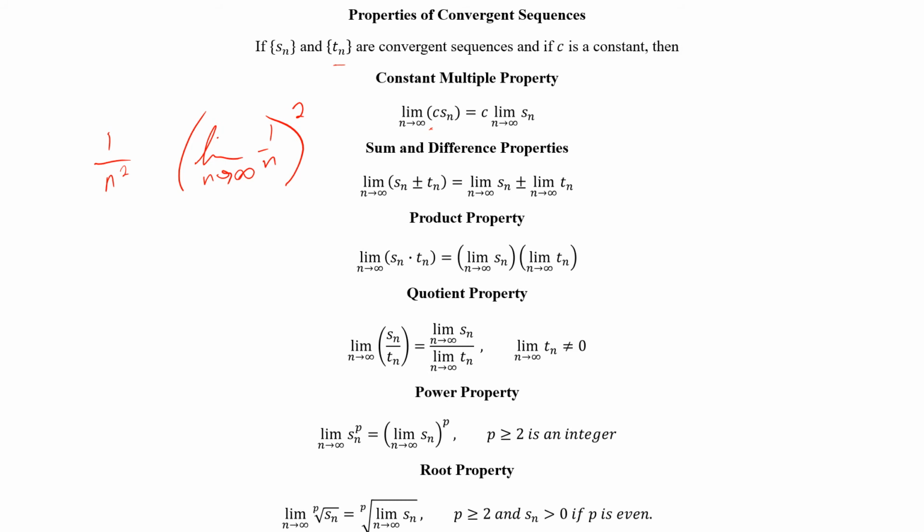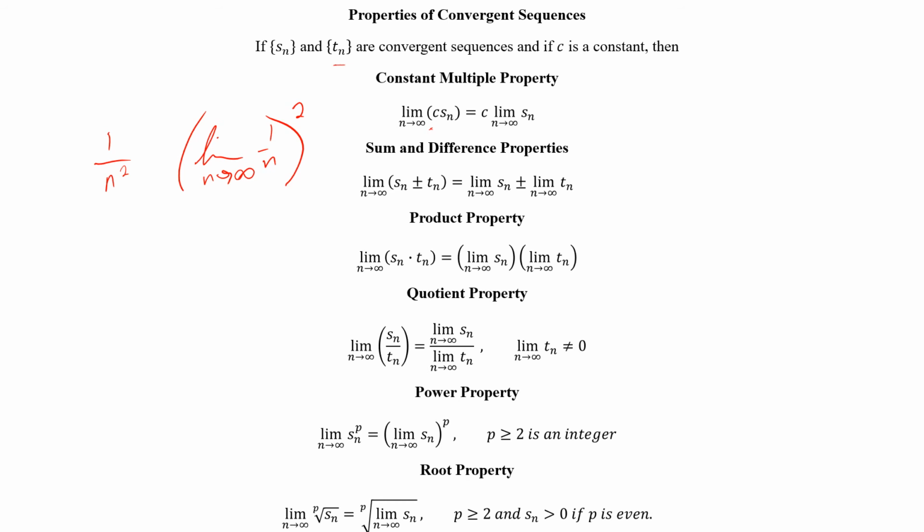And then the root property is the same thing as the power property, except with the root. And the inside has to be positive if the root is even, just because that's how roots work. And for both of these, the p has to be at least 2. If the p is 1, then that's not really an exponent or a root.